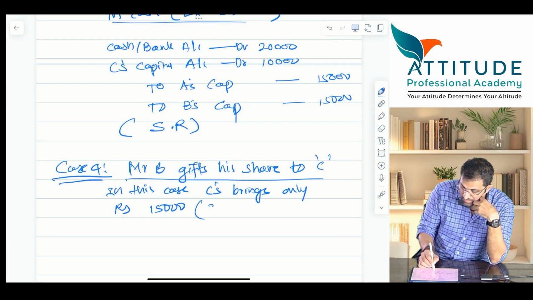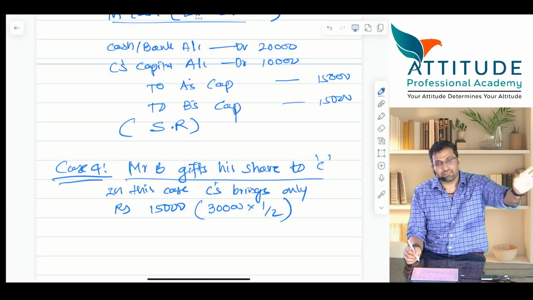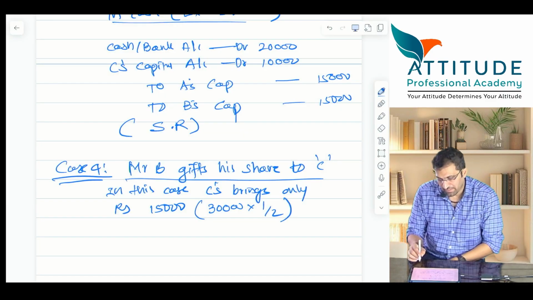That is 30,000 into 1/2, because 1/2 is gifted by B, 1/2 is sacrificed by A.